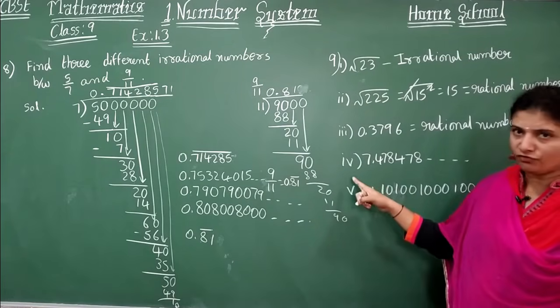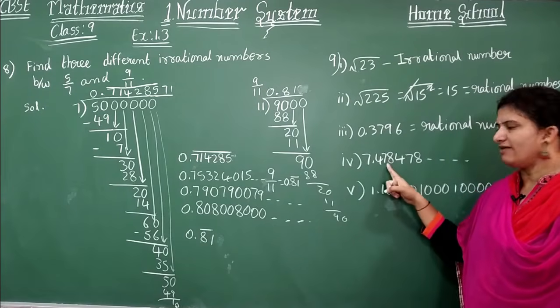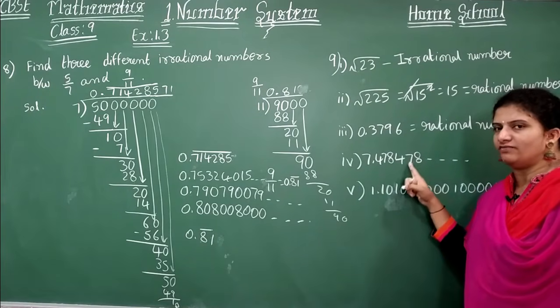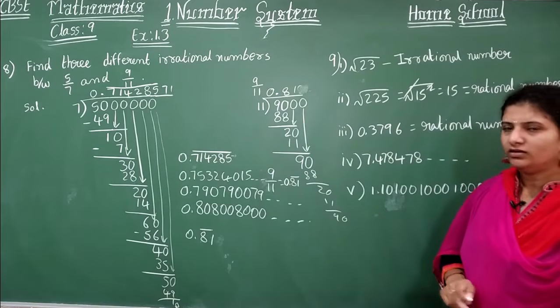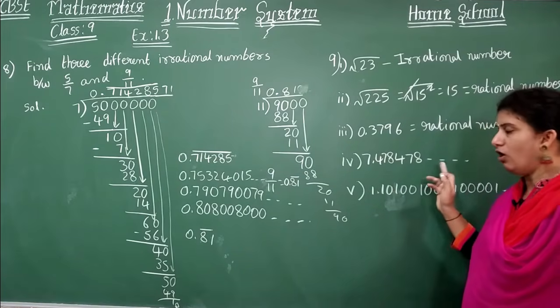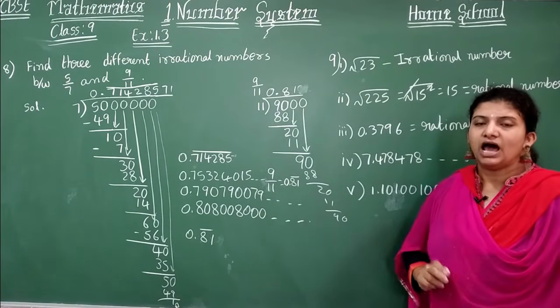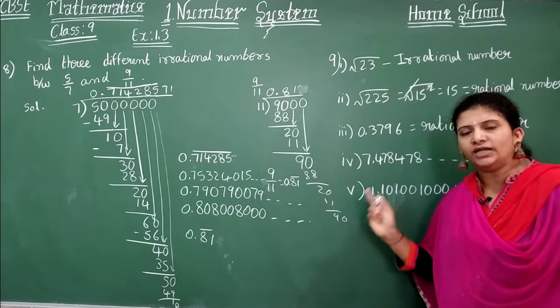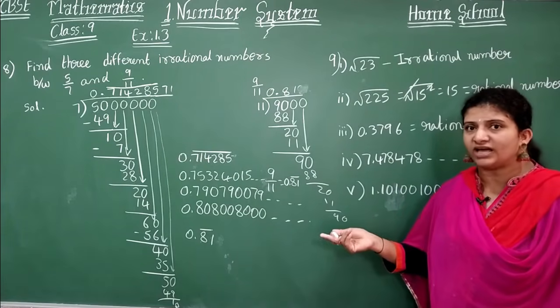So coming to your fourth question, 7.478 and so on means what? It is a non-terminating repeating decimal. Observe here, non-terminating repeating decimal. How to convert into rational number?